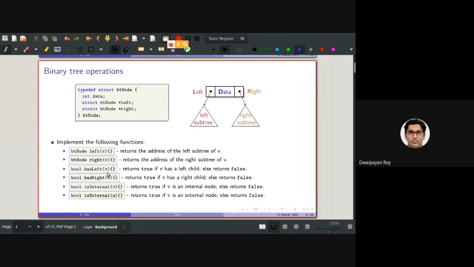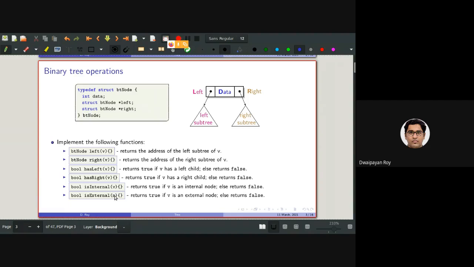Then has left, it will be a boolean. It will be returning a boolean whether the node v contains any left child or not. Similarly, has right. Is internal will be returning another boolean value: if the present node, that is v, is an internal node, it will be returning true, otherwise false.